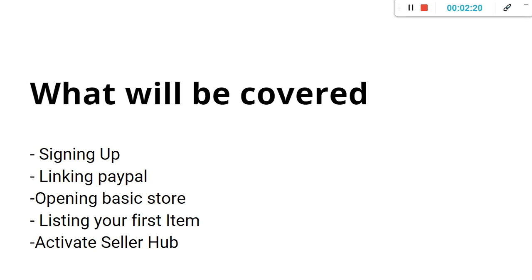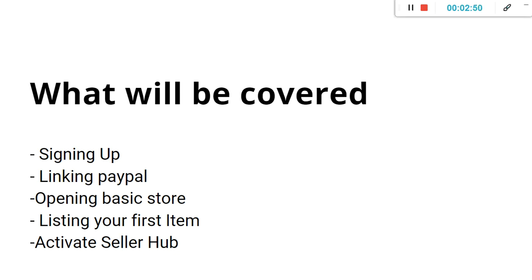What will be covered in this course today? Well, today we'll be covering the steps in order to get signed up from scratch, and linking your PayPal account. Of recent, eBay has put in place a payment method where they're moving the monies through themselves, through Payoneer, and then the money is sent to your local bank account or your US account or wherever part of the world you are.